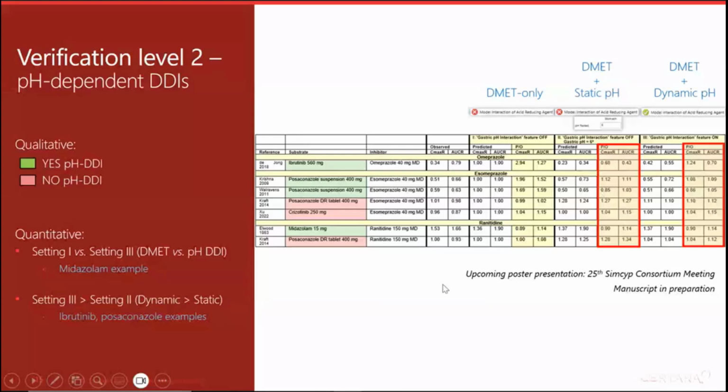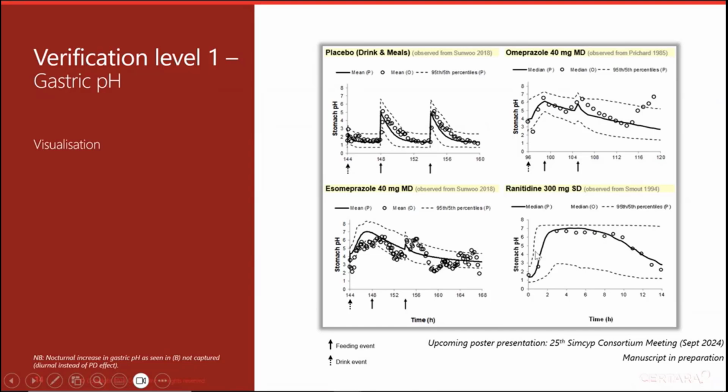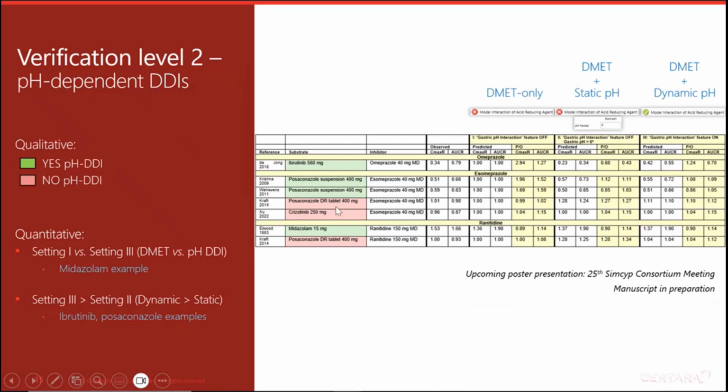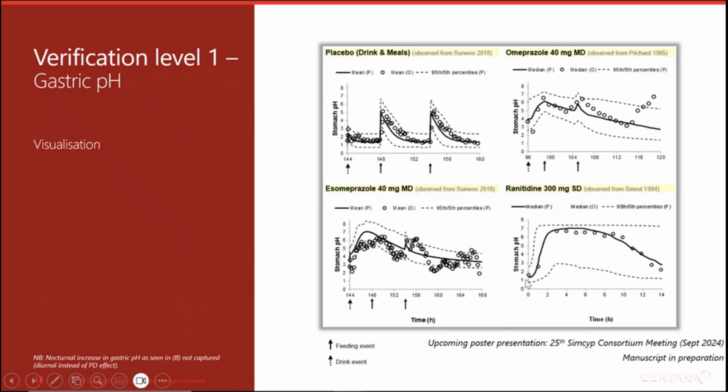And in cases where it is very important to, for example, capture the time dependency of the gastric pH rise and fall, for example, in the posaconazole DR tablet example here, this difference, the ramping up stage versus a gastric pH that sits at 6, at 7 all the time, that was enough to make the difference between the modeling of the presence of an interaction or not.